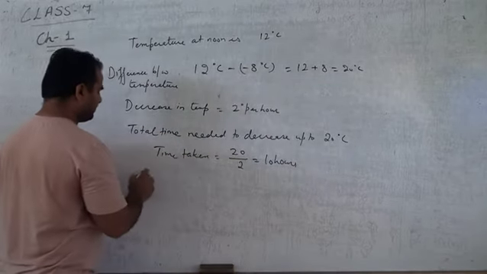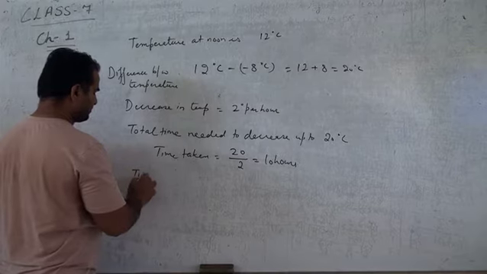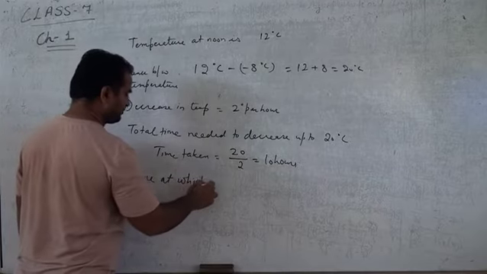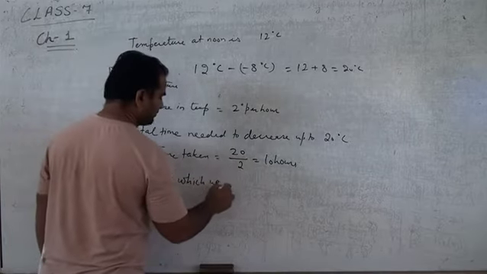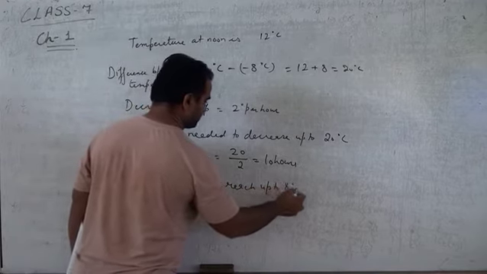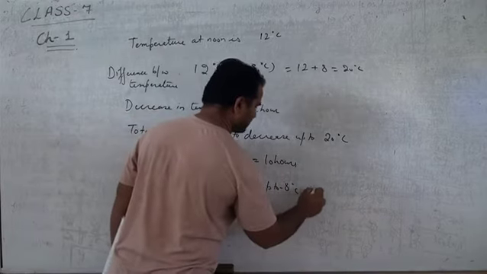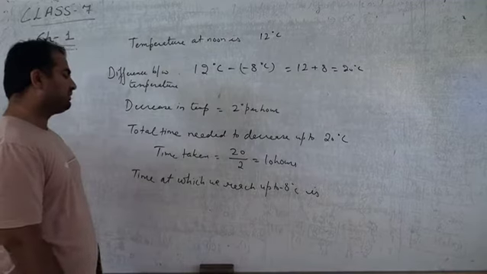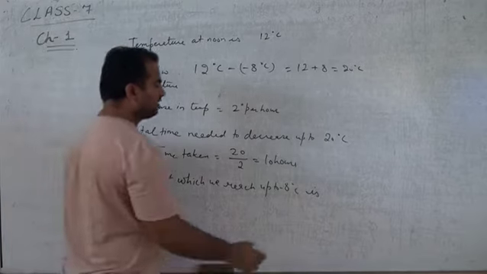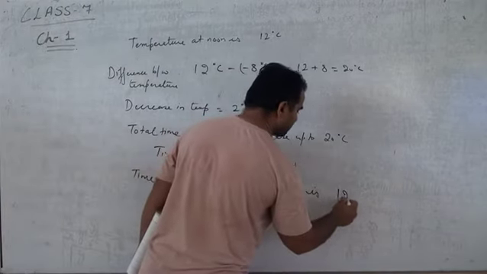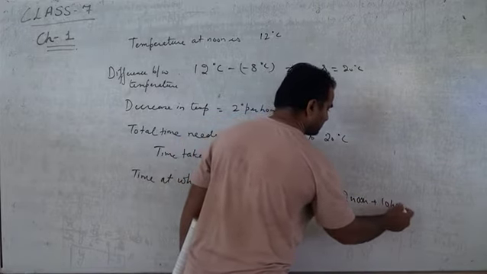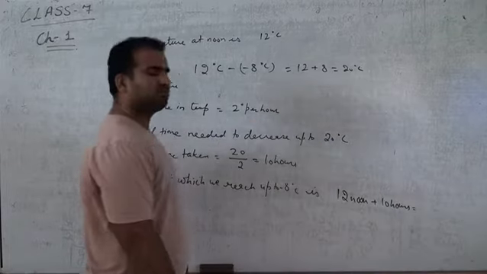So answer will be the time at which we reach minus 8 degrees centigrade. It will be 12 noon plus 10 hours.